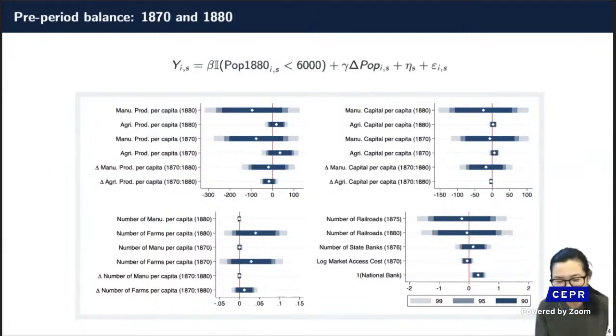I'll first give a very boring answer, which is if we just think about identification coming from these 6,000 people places versus 6,000 plus people places, it's a little hard to think about why one would differ from the other.